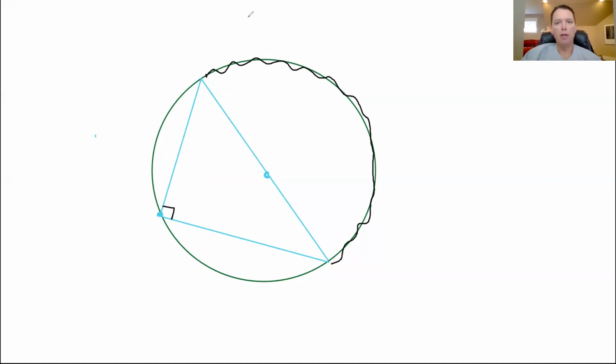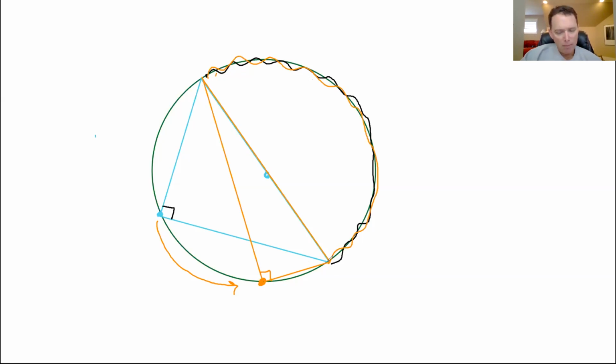Even if I were to move that point over here, so that now I'm looking at that as my angle, this is still a right angle because it still cuts off this half circle.